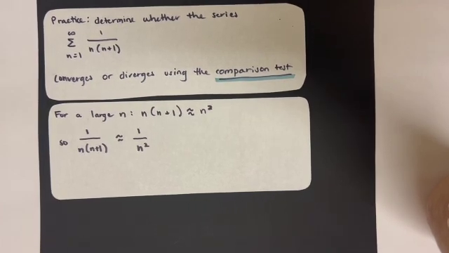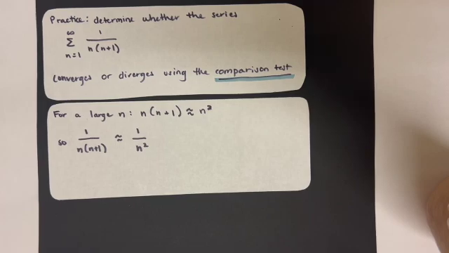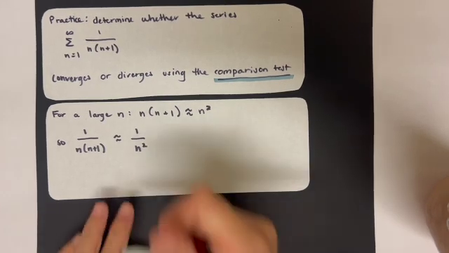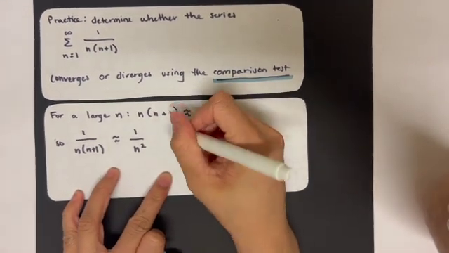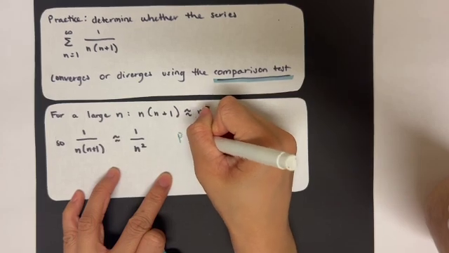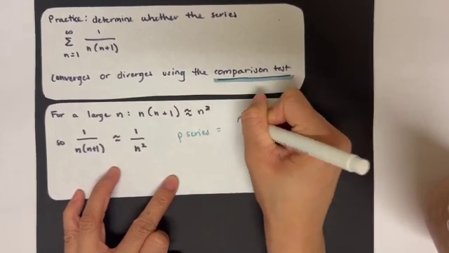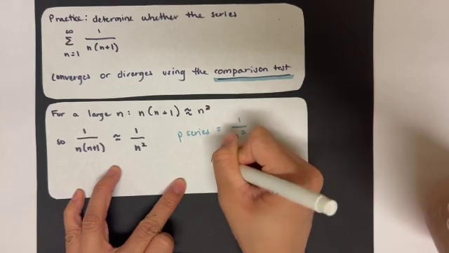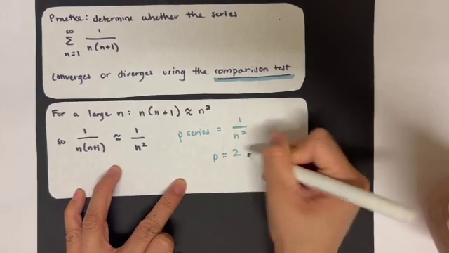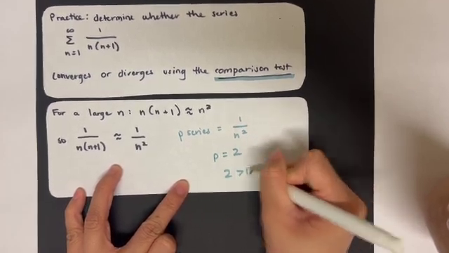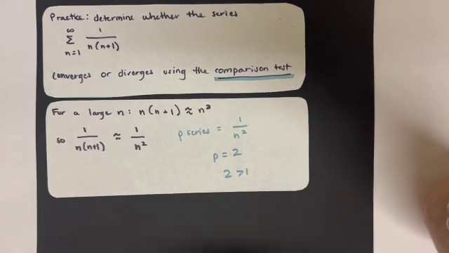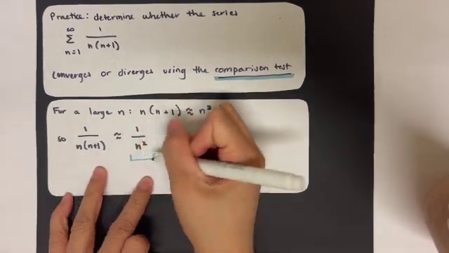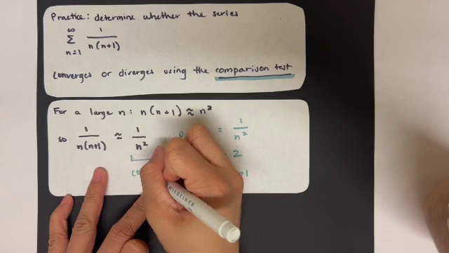So our original series is pretty similar to 1 over n squared. In this case, 1 over n squared is our p-series, where p is equal to 2. Because 2 is greater than 1, this new series here converges.